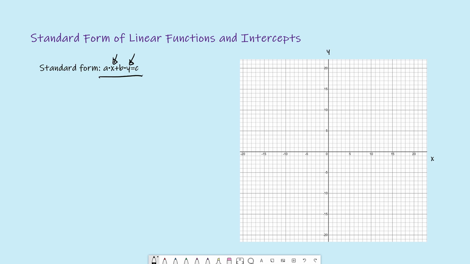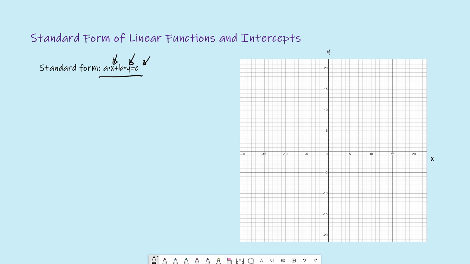They're both on the same side of the equation, while there's a constant c, which is just a number. A constant is always just a number on the other side of the equation. So we have some kind of coefficient a times x, plus b times y equals c.